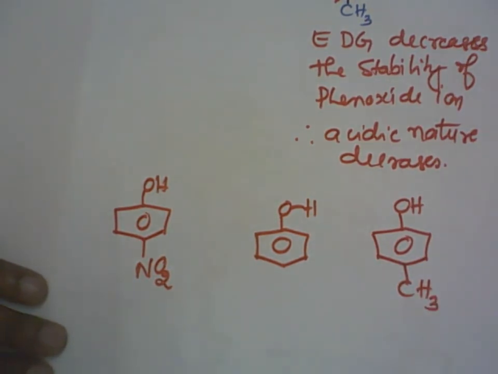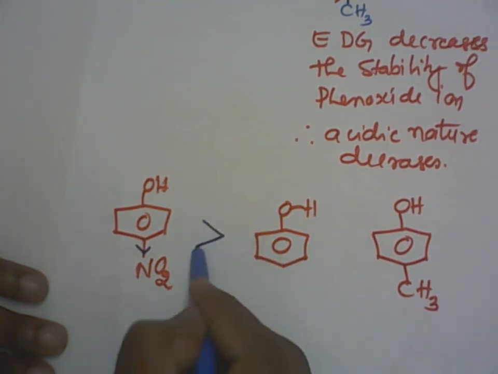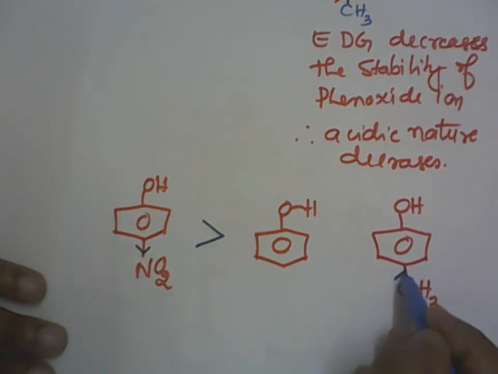Here we have an electron withdrawing group. An electron withdrawing group increases the acidic nature of phenol compared to pure phenol. So the acidic nature is more. Now compare with the CH3. CH3 is an electron donating group. This will destabilize, or stability decreases for the phenoxide ion.